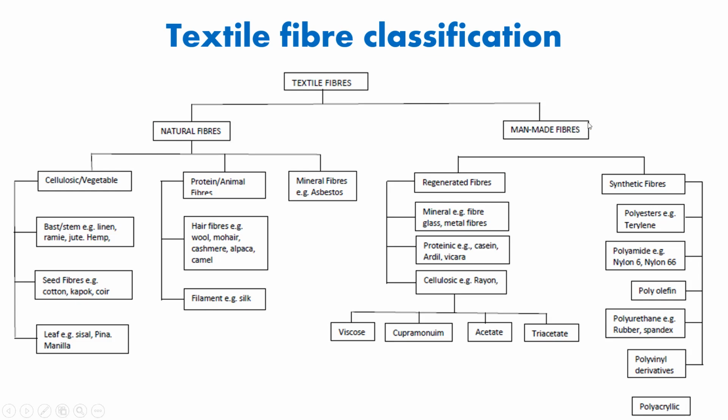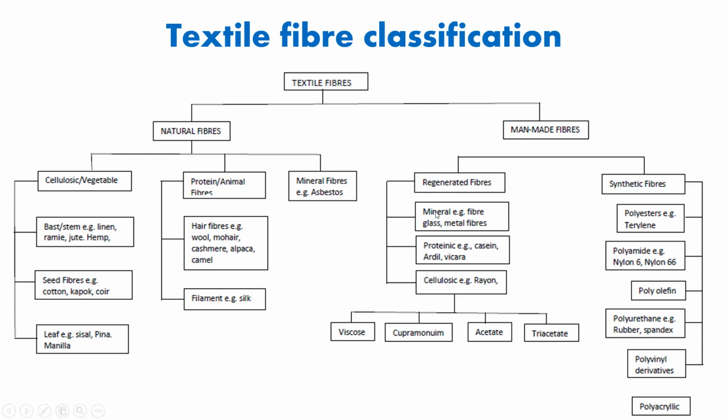When you come to man-made fibers, they are also subdivided into two. We have the regenerated fibers and we have synthetic fibers. The difference is that the synthetic fibers are purely a combination of chemicals, and for the regenerated fibers, the base material is from nature. Then we add chemicals and change the whole thing into a new one altogether.